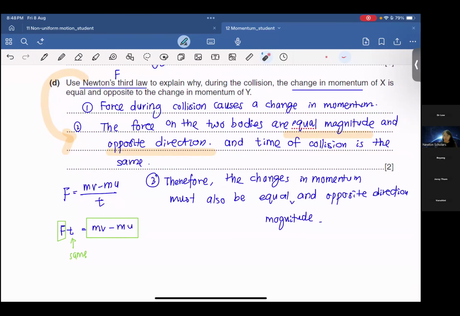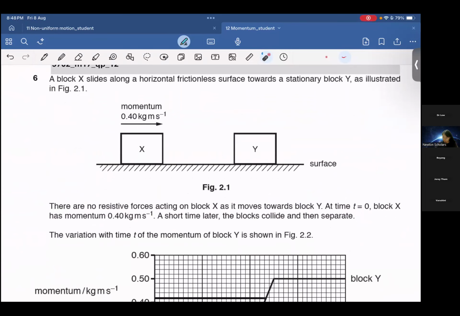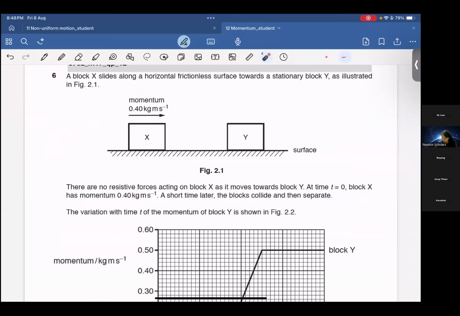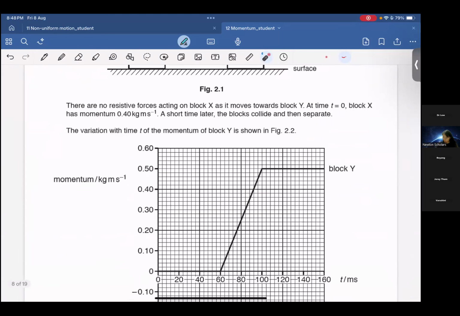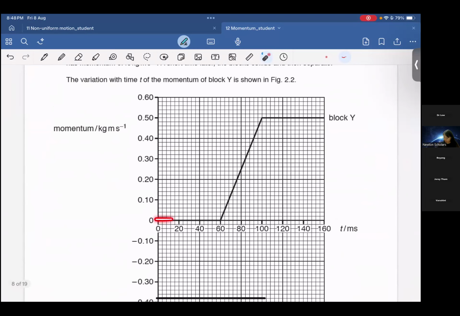Okay, thank you, Vashini. Okay, boys and girls, a block X slides along a horizontal frictionless surface, because we don't want external force, towards a stationary block Y. So the diagram shows block Y, which starts stationary. So of course stationary means starting momentum is 0. There is no momentum here, okay?